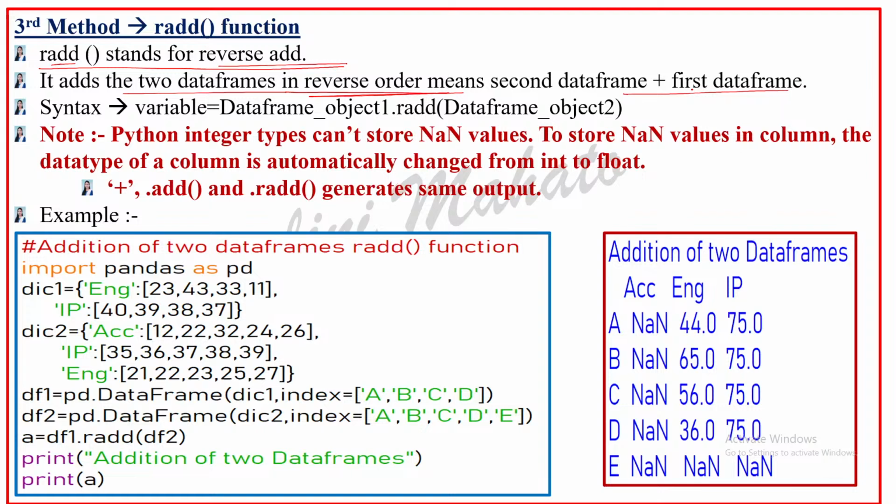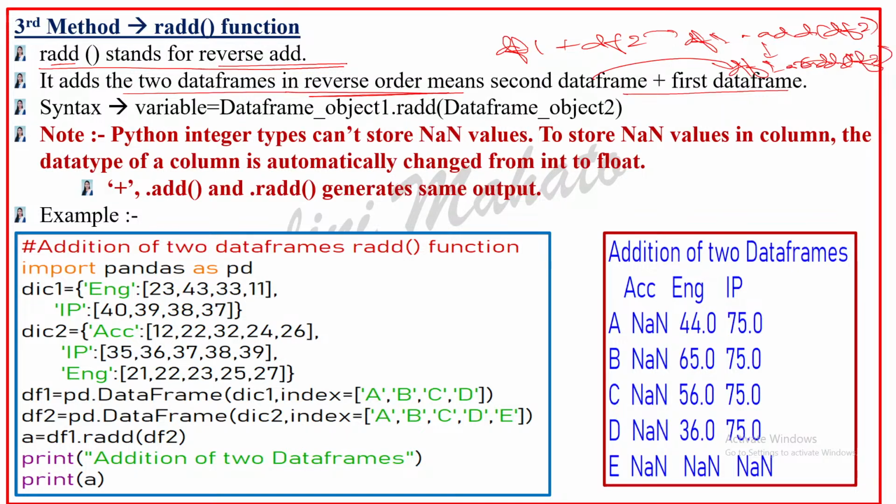Because we were using df1 plus df2, and in the second method df1 dot add, with df2 inside the brackets, now we will see df1 dot radd df2.